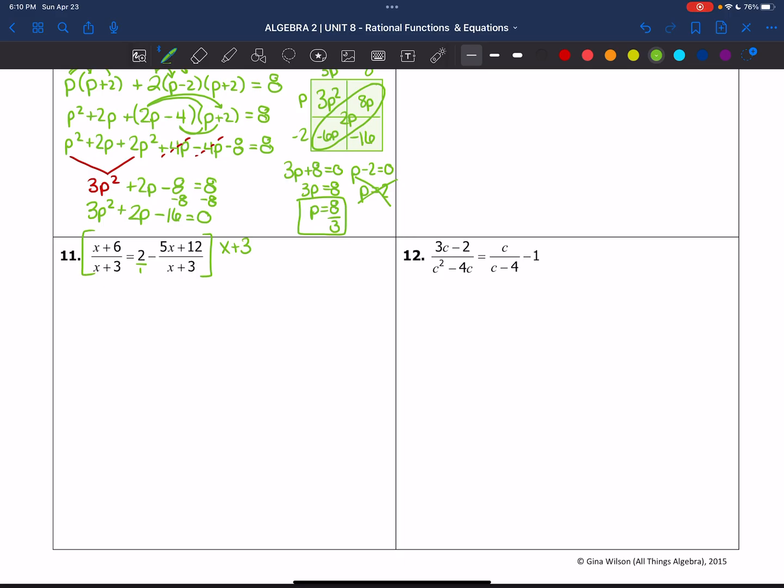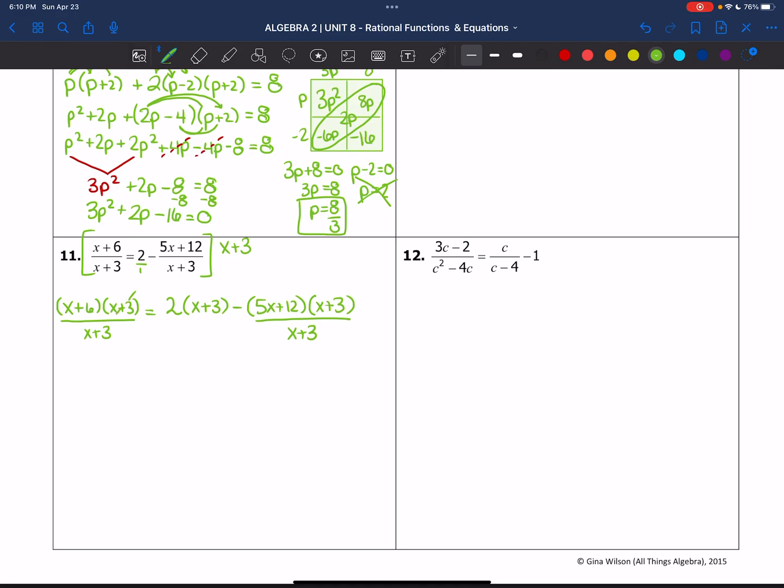We multiply the first one, so we have x plus 6 times the x plus 3, and that is over the x plus 3. Then I have my 2 being multiplied with x plus 3. Subtracting from that, my 5x plus 12, which is being multiplied with my x plus 3. That is over the x plus 3.